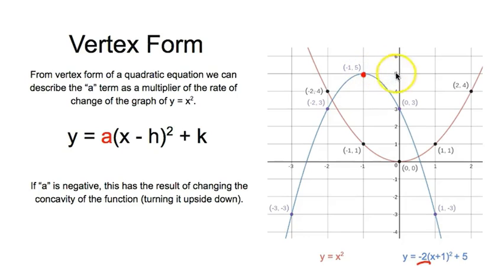If I go over 2 spaces from the vertex, normally my amount would be 4, but I have to multiply that now by -2, so I would go over 2 and down 8 to find my new place. So that 2, because it's bigger than 1, has made the graph more narrow, but the negative aspect of it has flipped the graph upside down.